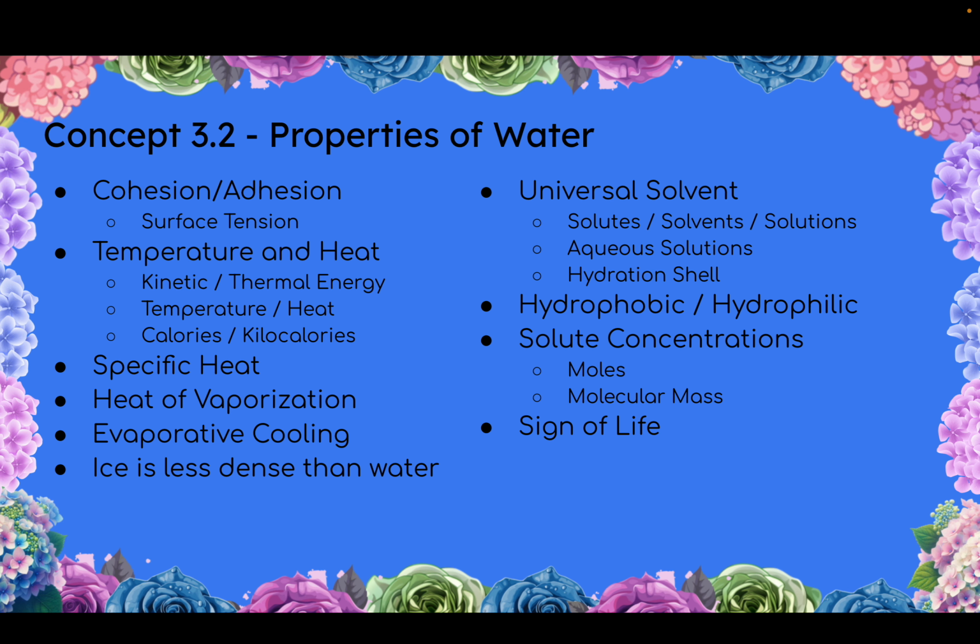Water's everywhere. Okay, this next segment's kind of a bit hard to understand conceptually. Just like we all have ideas about what heat and kinetic energy and thermal energy are, throw those out the window for right now. These definitions are going to get kind of wonky. Anything that moves has kinetic energy. Kinetic energy is the energy of motion, and the kinetic energy associated with the random movement of atoms or molecules is called thermal energy.